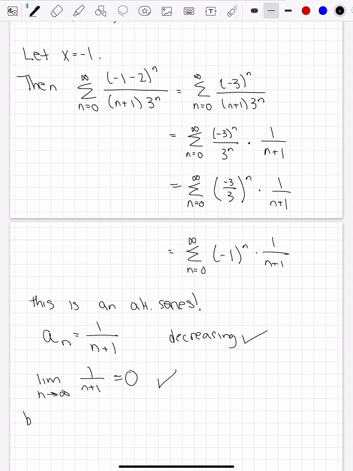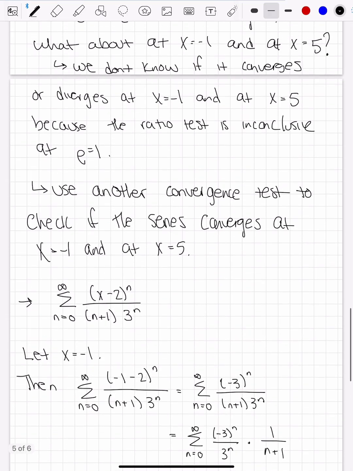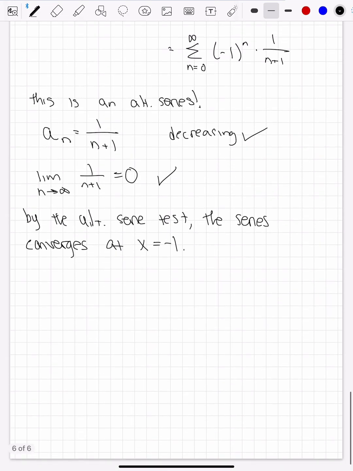So by the alternating series test, the series converges at x equals -1. So now on our interval of convergence, we can add this equal sign confidently. Now we need to check at x equals 5.